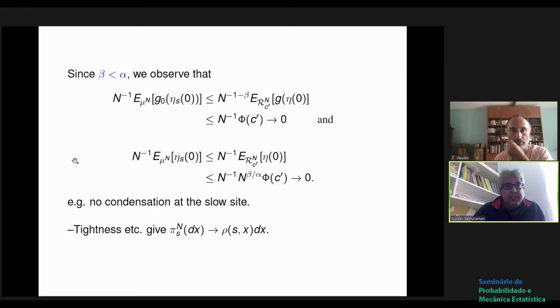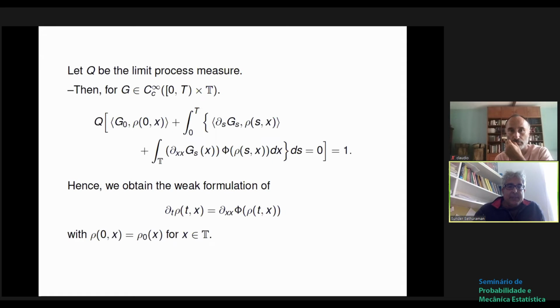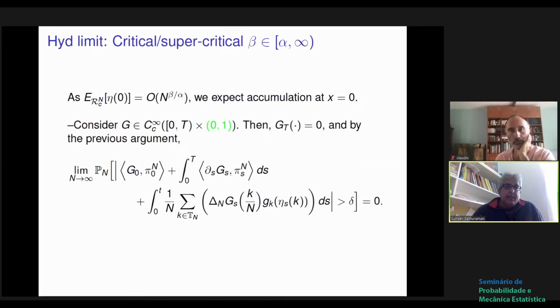So in the case beta less than alpha, these calculations show that the slow side doesn't really matter in this kind of hydrodynamic scaling. Okay, so that's the subcritical case. Let's go to the critical and supercritical cases.